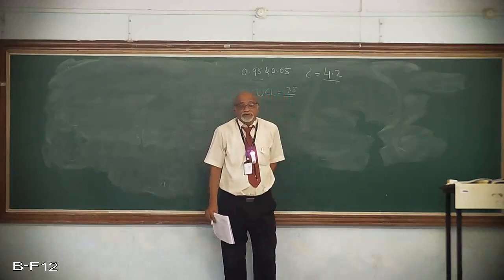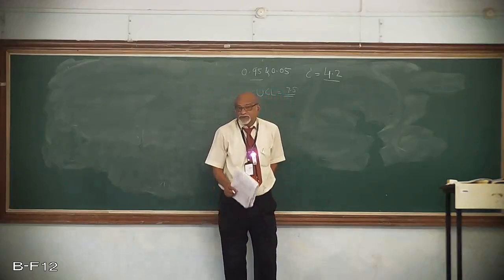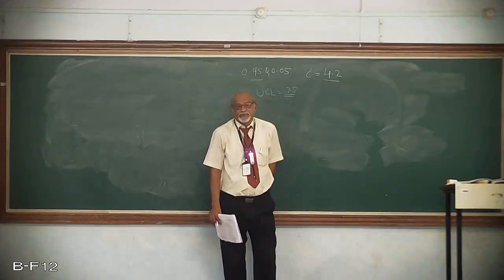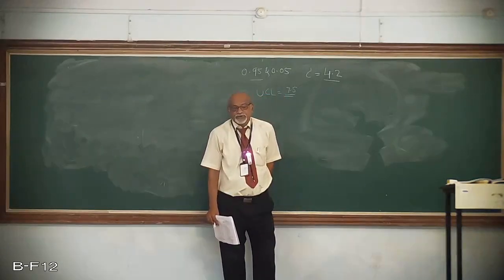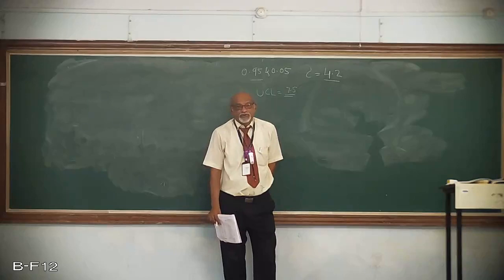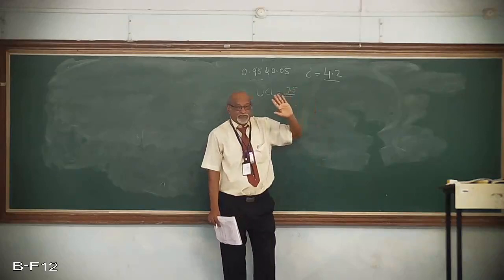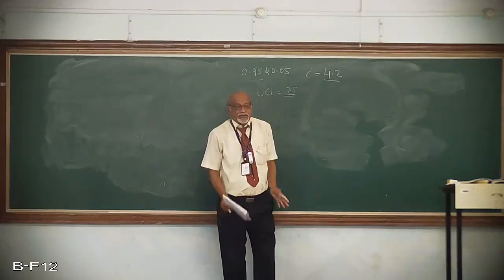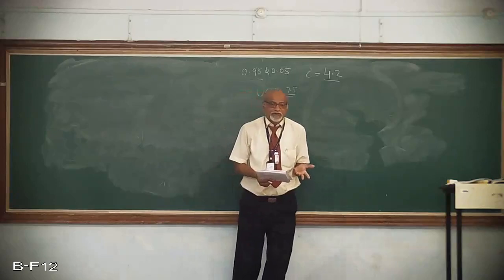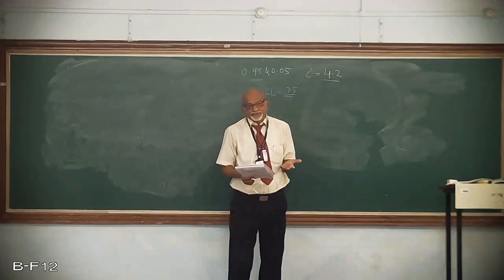Okay? So try to understand. It gives the direct value. No need to find out the other things. Have you understood? If you want to convert it into Z and then find out, that is totally different. He has directly asked us, what is the upper control limit and the lower control limit?